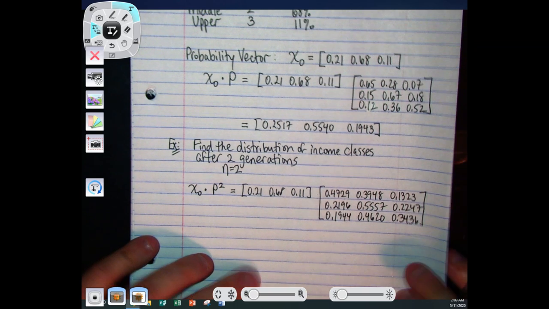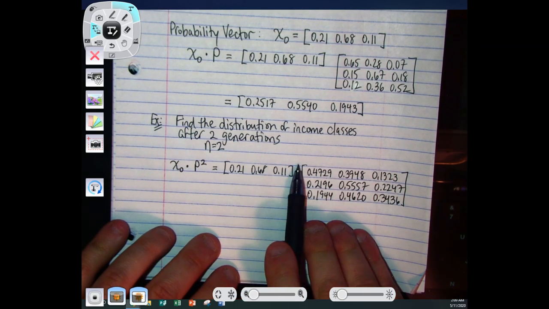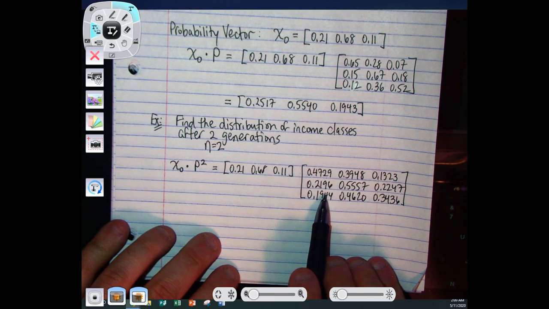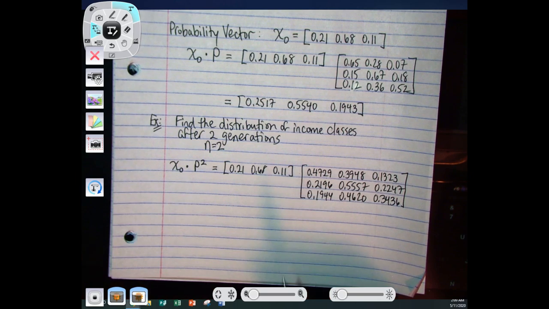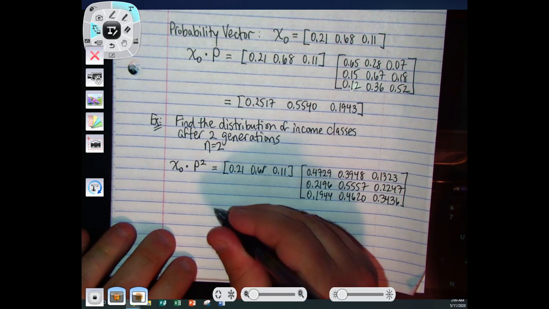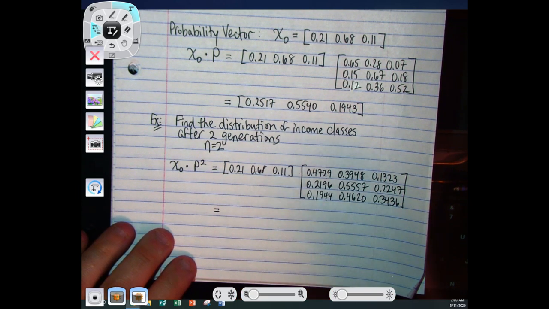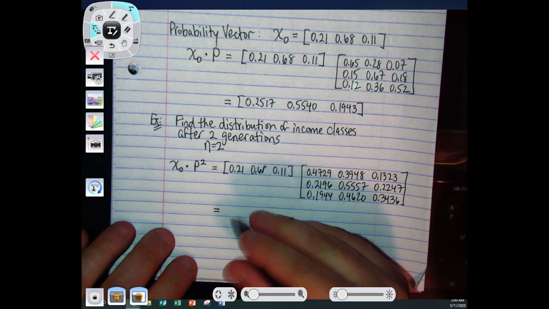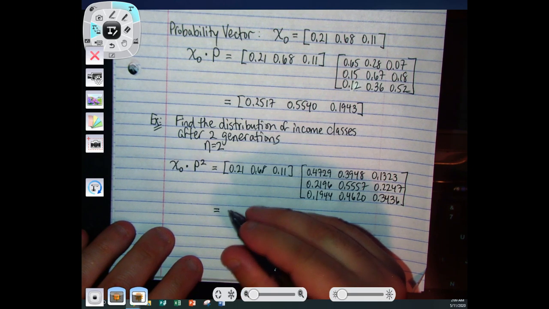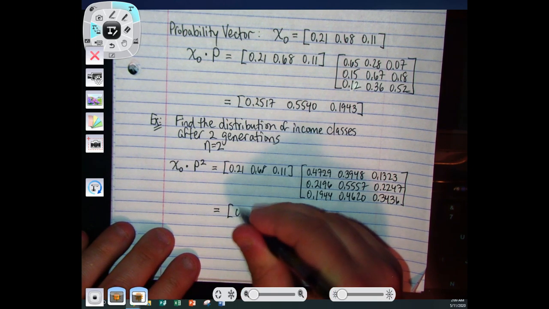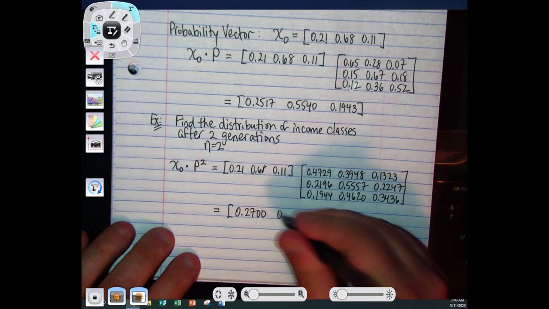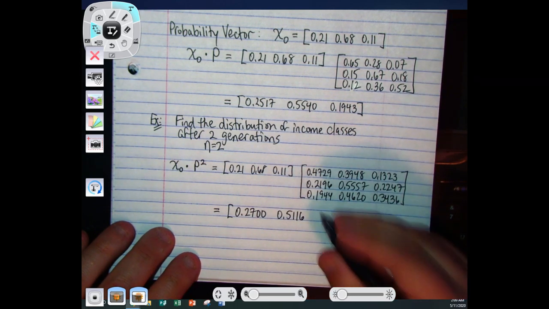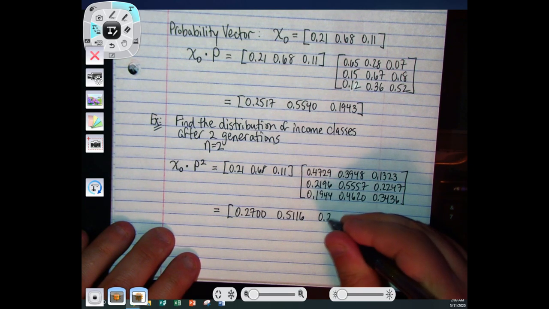Okay, so again, 1 by 3 and 3 by 3. Notice that the number of columns matches the number of rows, therefore we can multiply these two matrices together. When we multiply them, we get a 1 by 3 answer, which is 0.2700, 0.5116, and 0.2184.